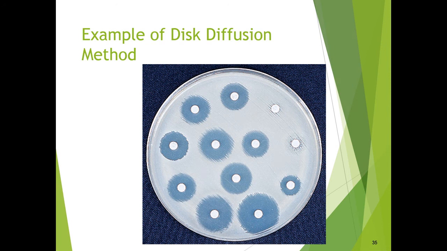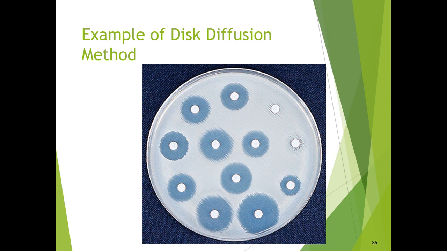So if you kind of think about that zone of inhibition and how the antibiotic diffuses through the agar. If we change something, if it's either the inoculum's too weak or too strong, or the antibiotic is not strong enough, that zone of inhibition is going to change.